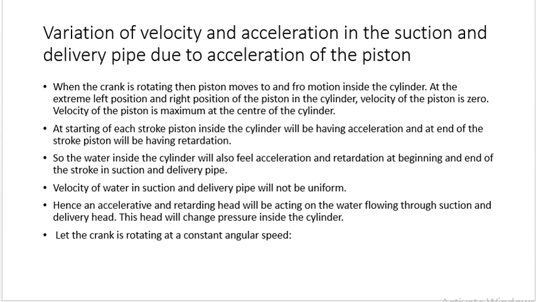The piston moves forward and backward in the cylinder. At the extreme left position and right position of the cylinder, velocity of the piston is 0. I hope you understand when the piston is at extreme left or extreme right position.